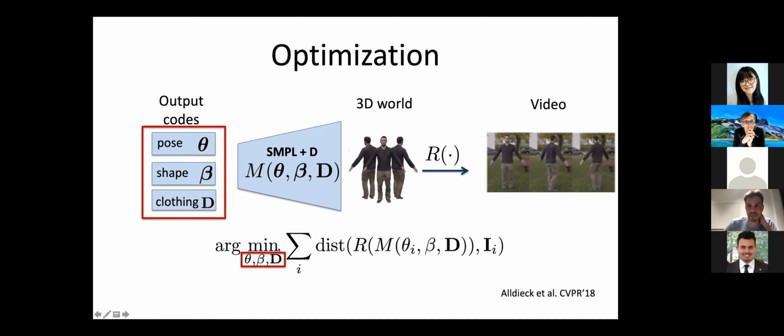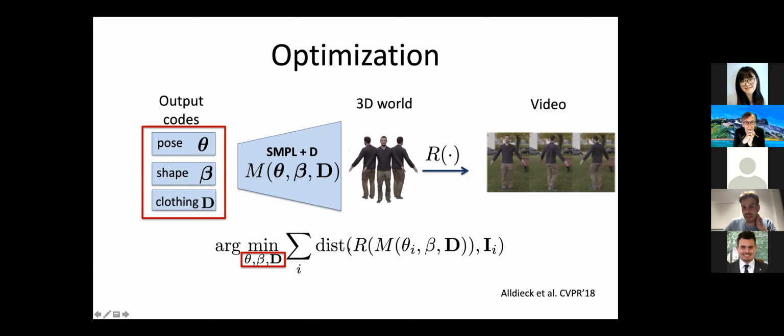For the purposes of this talk, you just have to understand that we took a video of a person rotating in front of the camera, and we optimized the pose of the SMPL model, the shape of the SMPL model, and a set of displacements, D, which are a set of freeform variables, in order to maximize the overlap of the model, the 3D world representation, projected into the images.